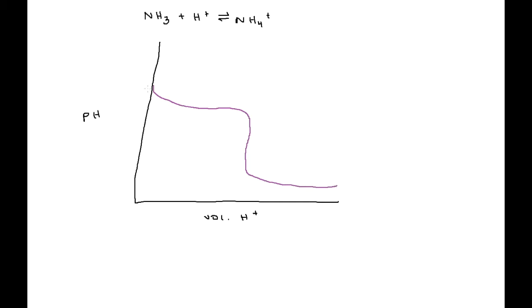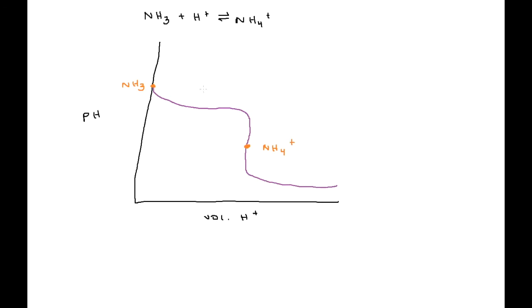A couple of important features. At the very beginning, right here, the only thing that is present is NH3. Then as I add hydrogen ions, I'm going to start producing ammonium. At my equivalence point, since I have equal amounts of NH3 and H+, the only thing that's going to be present is NH4+.